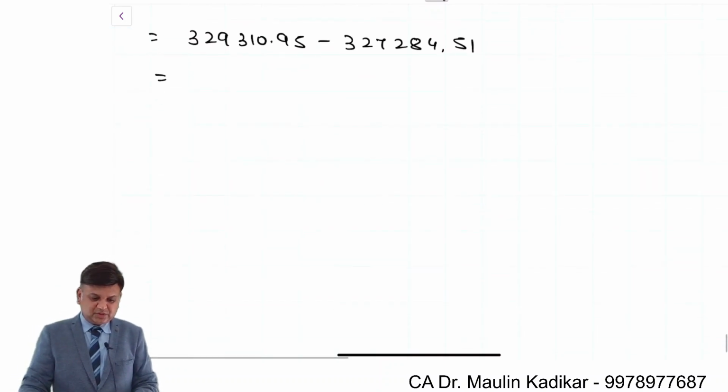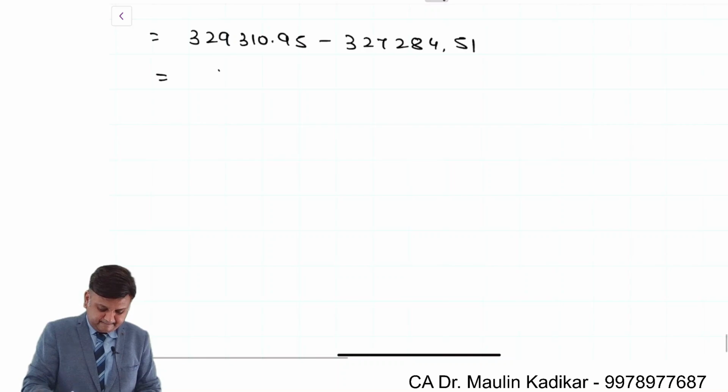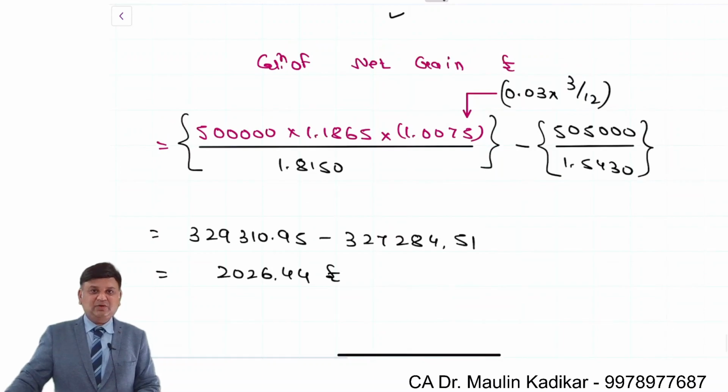So 2026.43 or 44. This is the amount of the net gain.